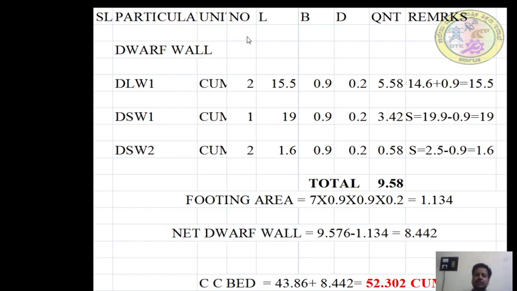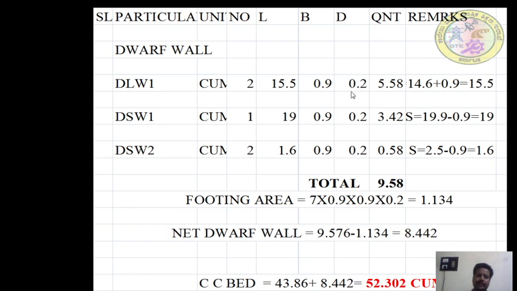Next, the 30 centimeter wall is completed, and now the dwarf wall. The dwarf wall is calculated as previously for the excavation, so 14.6 plus 0.9 is 15.5. The breadth of the footing is 0.9.